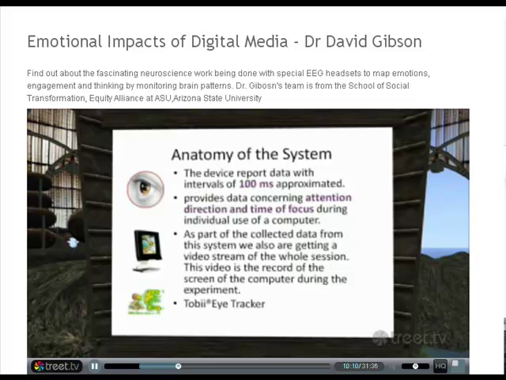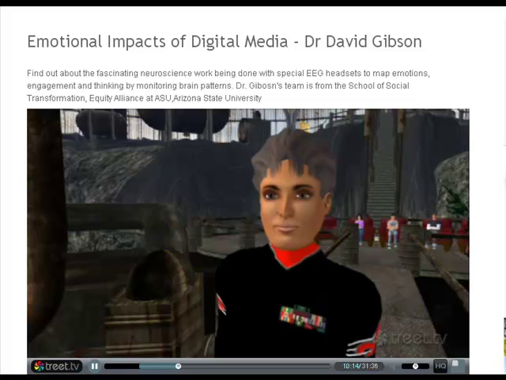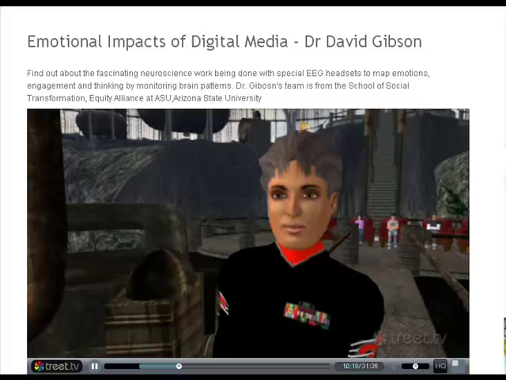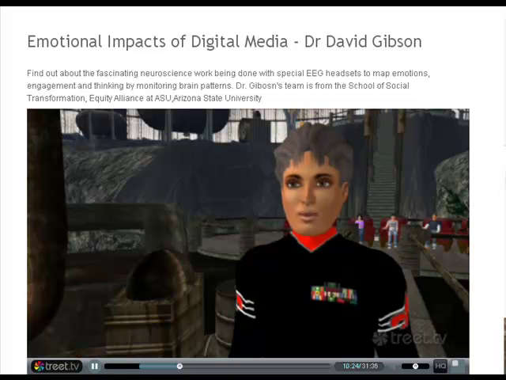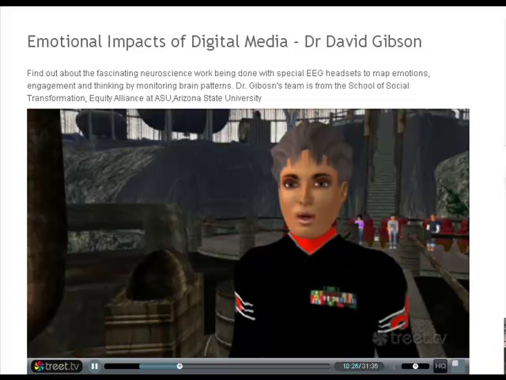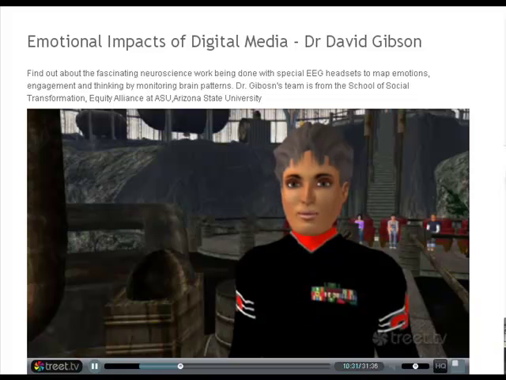So we look for expected values in these to figure out what's going on. The data is giving us new forms of information about the attention and the direction and the time of focus while a person is doing something on a computer. So this is now a brand new and very enriched set of data that we're learning how to use.